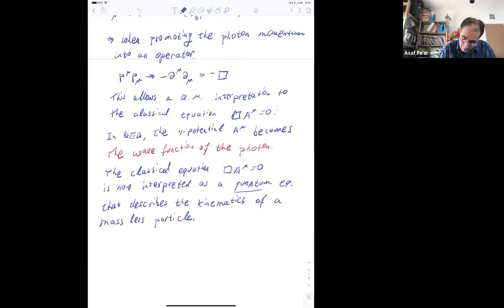Right? P mu equal to 0. This is exactly what we expect to see from a photon. So it is a quantum mechanical interpretation.